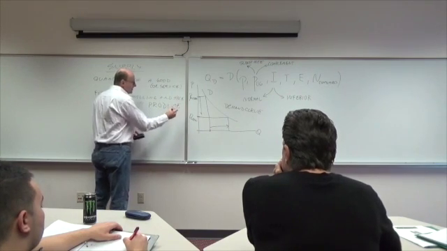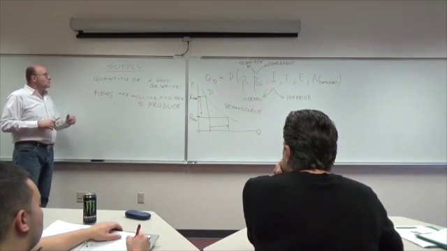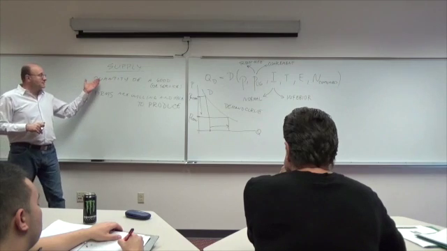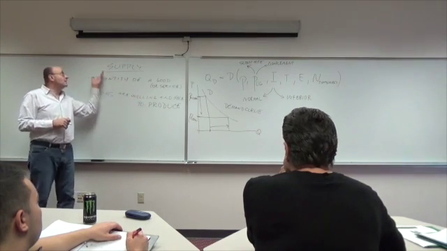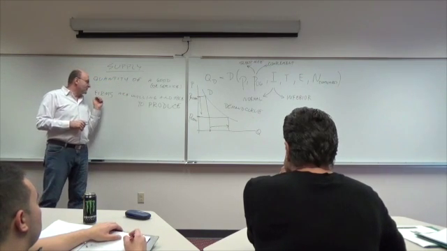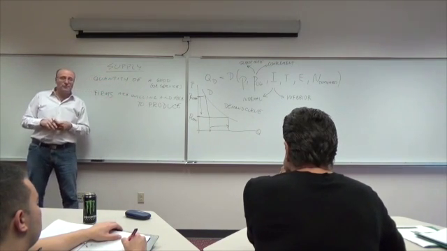Very good. So, if demand is the quantity of a good or a service buyers are willing and able to buy, supply is the quantity of a good or a service firms are willing and able to produce.